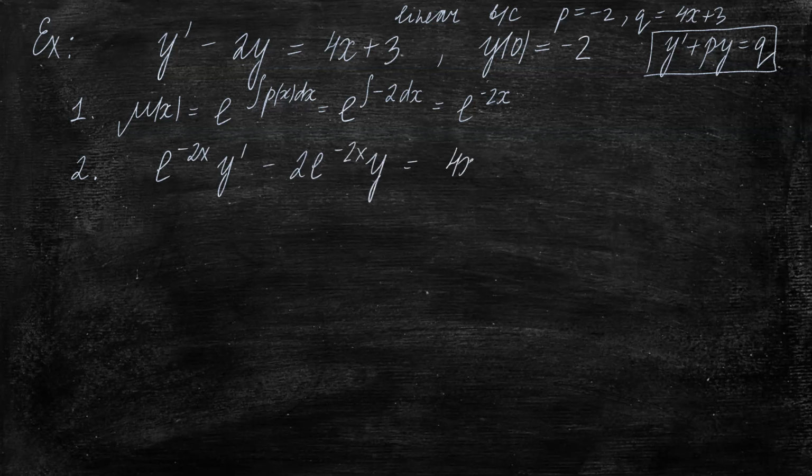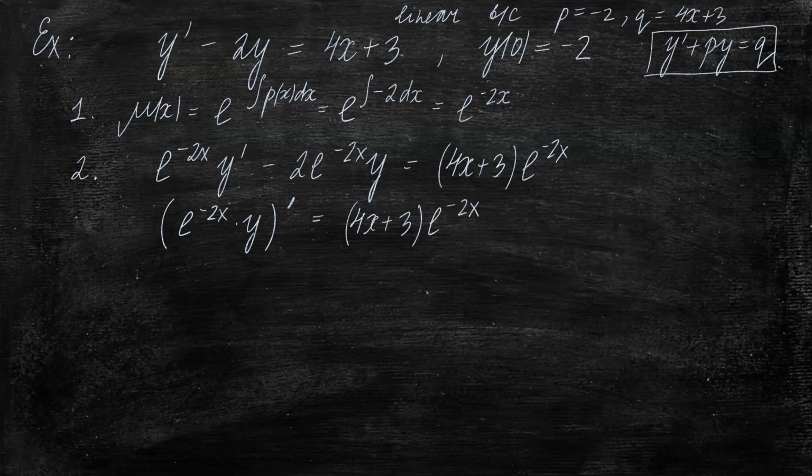And if everything is done correctly, the left-hand side should become the derivative of the product of the integrating factor and the original unknown function. You can double check that if you'd like, but I think we haven't made any mistakes here yet, so I'm 100% sure that this is true. And we go into step 3, where we find the function inside of the parentheses here by integrating the right-hand side.